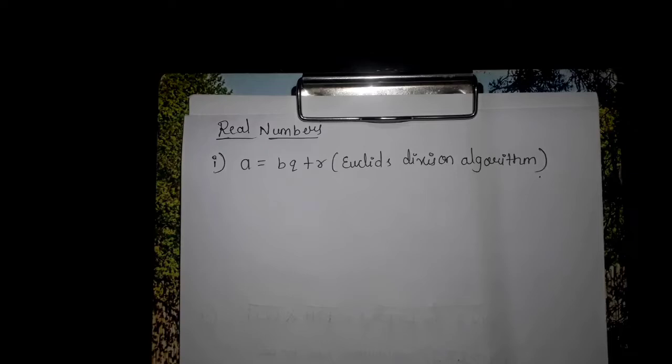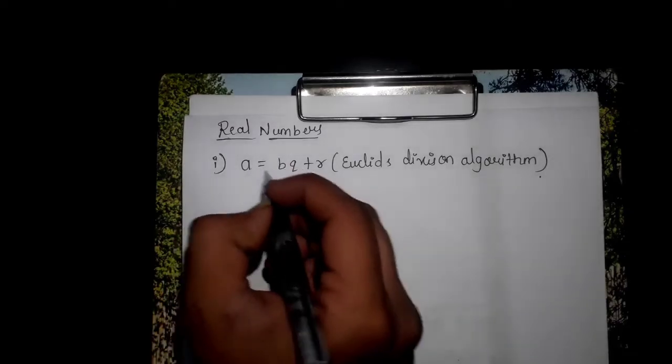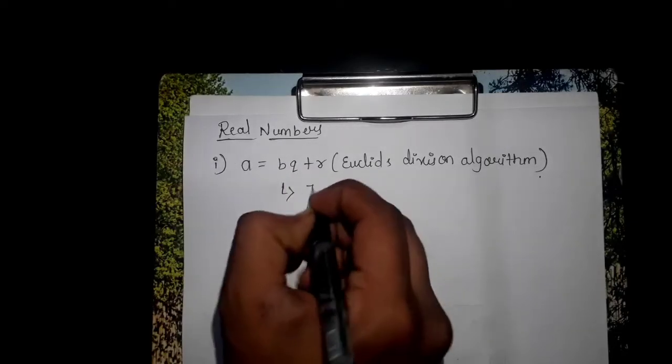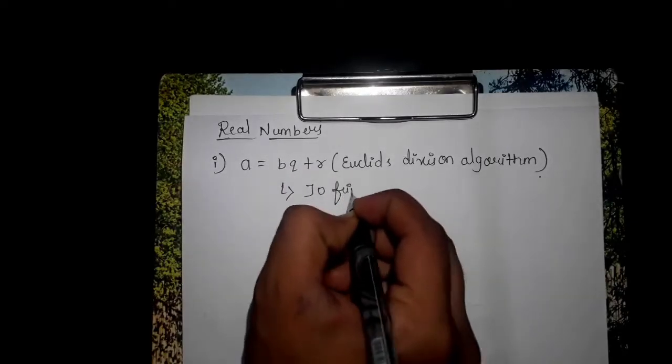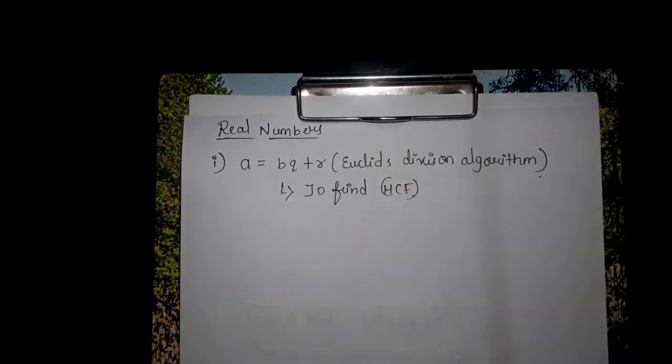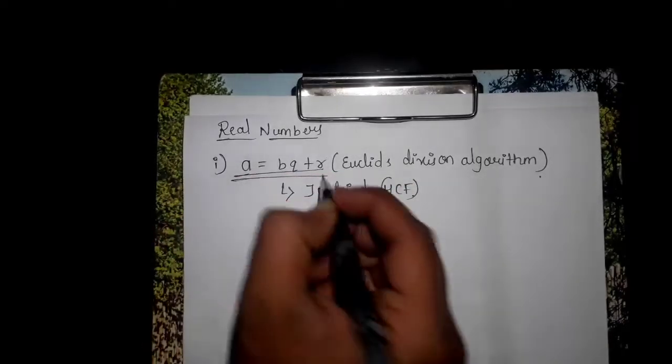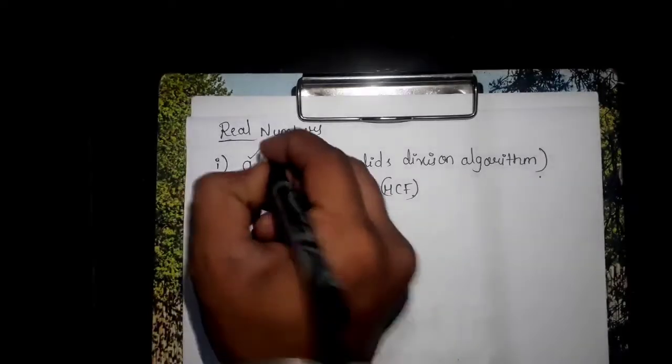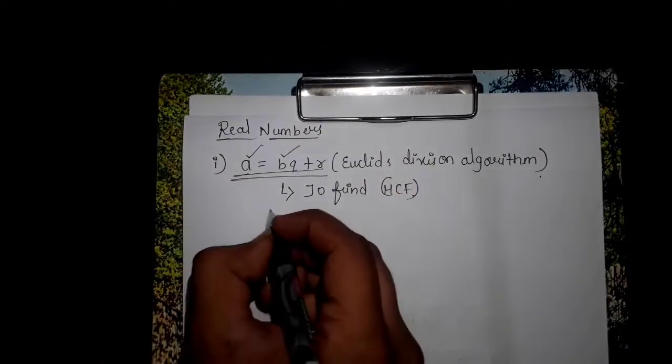This formula is used to find the HCF, that is highest common factor. In this formula, A and B are positive integers.